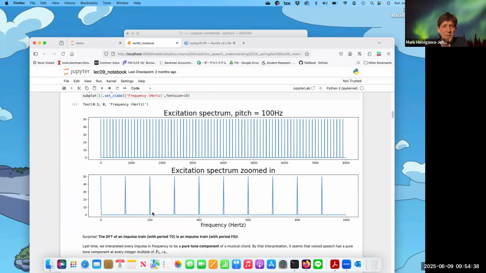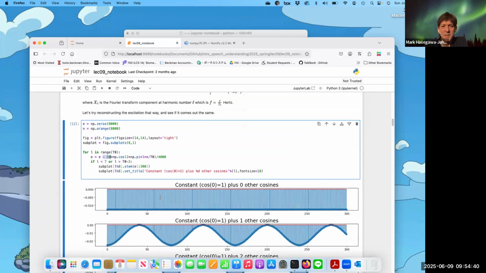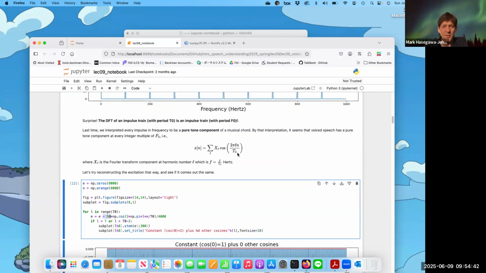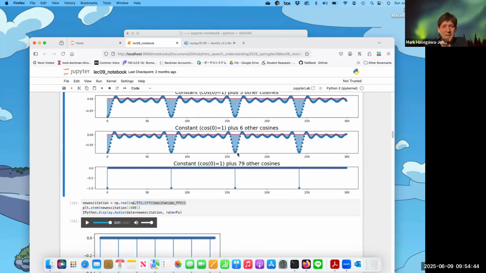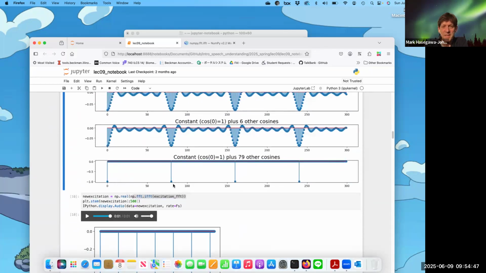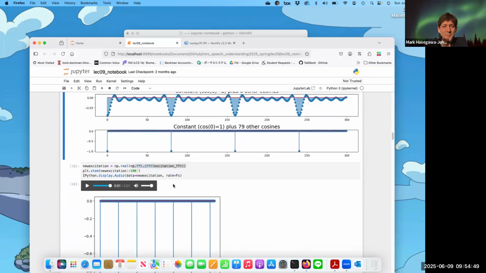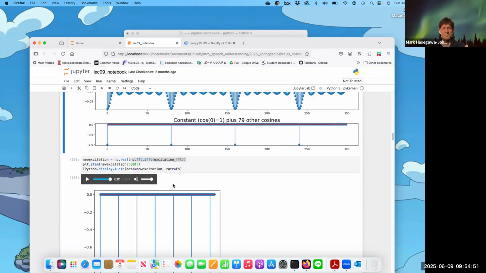For this very simple impulse train, all I need to do is take those cosines and add them all together. And that's, in fact, the inverse Fourier transform of that spectrum. I've taken this impulse train, which we know is the excitation in speech, and shown you that the Fourier transform of an impulse train is an impulse train.